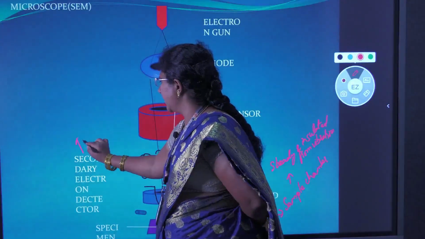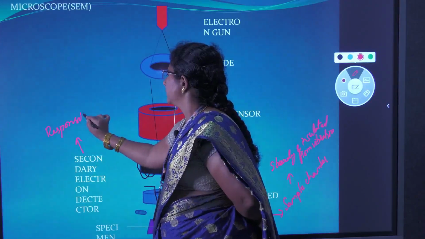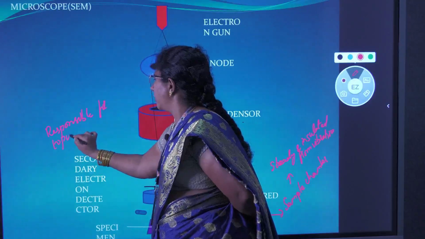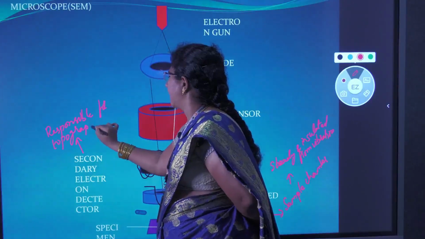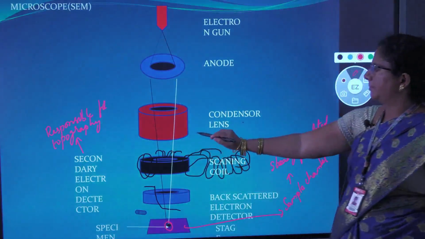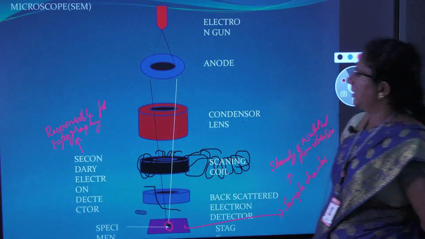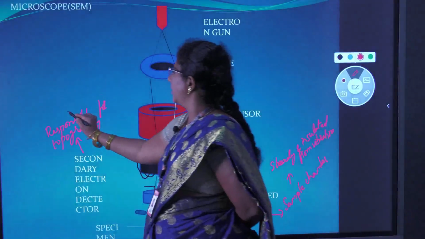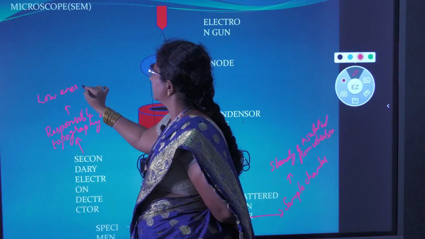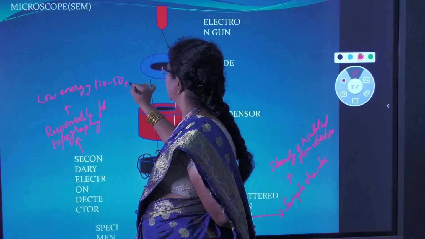That means they are responsible for the topography of the specimen, so the surface image will be given by these secondary electrons. These secondary electrons have low energy, 10 to 50 electron volts.